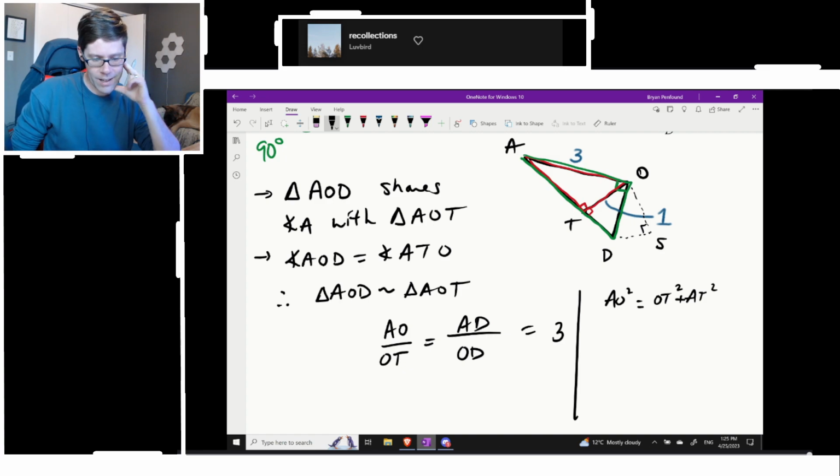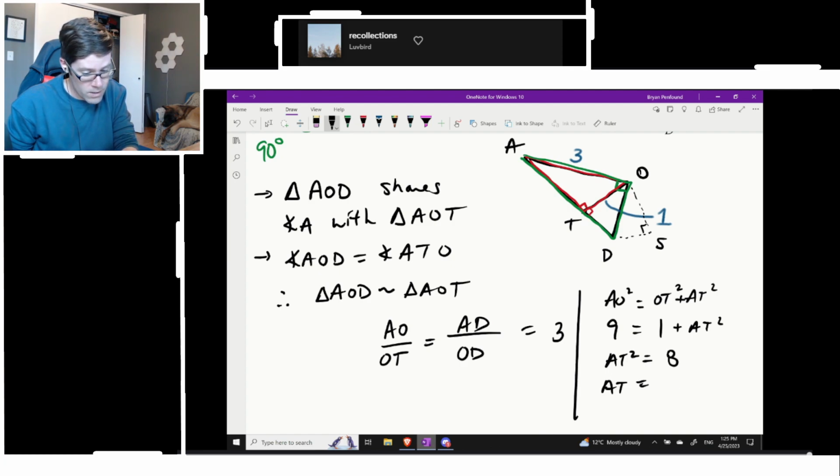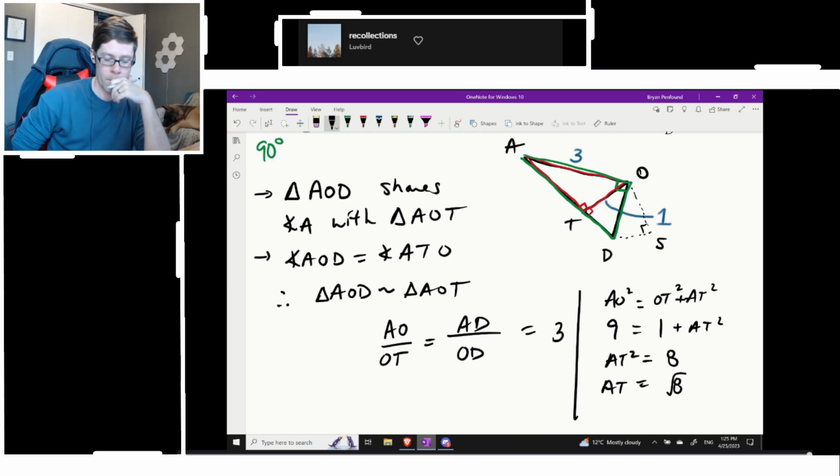This is triangle AOT. So AO squared is 9, OT squared is 1. So AT squared should be 9 minus 1, which is 8. So AT will take as positive root 8. So that we can do.